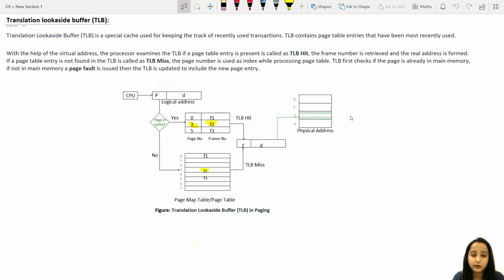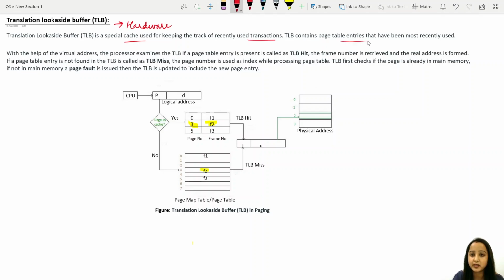So the time of execution is increasing. So what we have done is we have placed a TLB, that is hardware, not software. Remember that. It is a special cache used for keeping track of recently used translations.